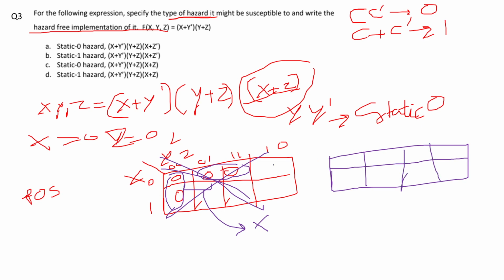So we have x plus y complement, with x, y, z. x plus y complement means x equal to 0 and y equal to 1.